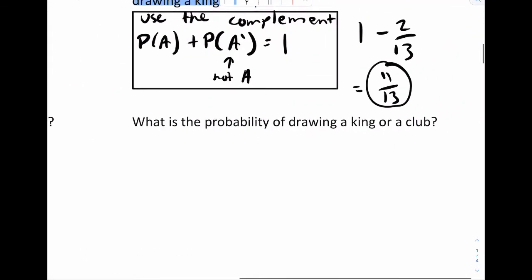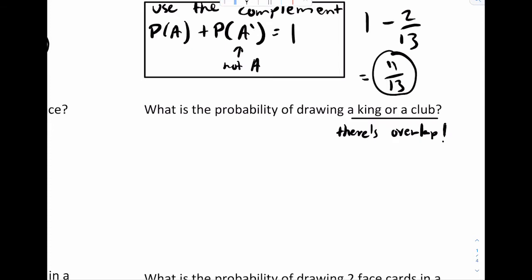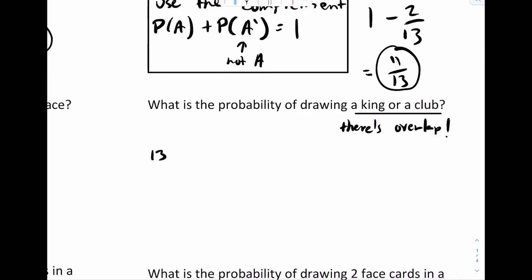Now this one, what's the chance of drawing a king or a club? Now this one's a little more complicated, because if you've played cards before, you might realize there's overlap here. If you simply do this, there are 13 clubs, and you add 4 kings, and you divide it by 52, this is incomplete, because this is counting the king of clubs twice, right?